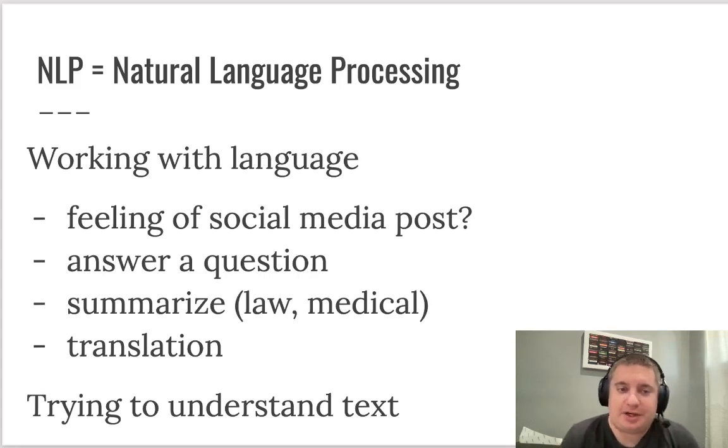As I said earlier, NLP stands for Natural Language Processing. It's a particular type of machine learning or AI that focuses on language or trying to understand text. Examples of an NLP problem include trying to understand the feeling in a Facebook post or whether a tweet is left-wing or right-wing politically.